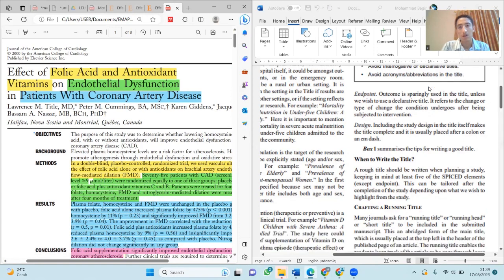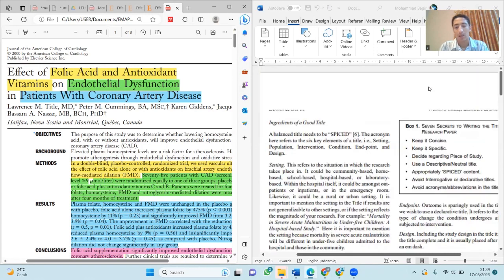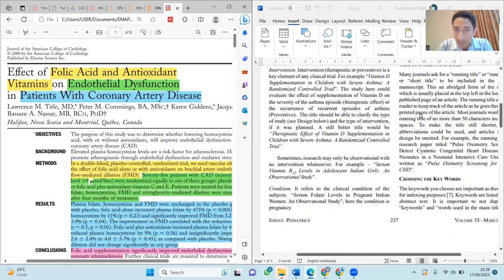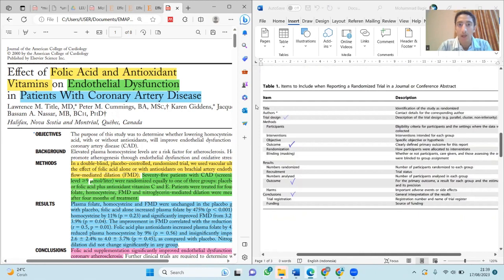And then we can move to the CONSORT in the abstract. We will see the checklist. First checklist, the title.